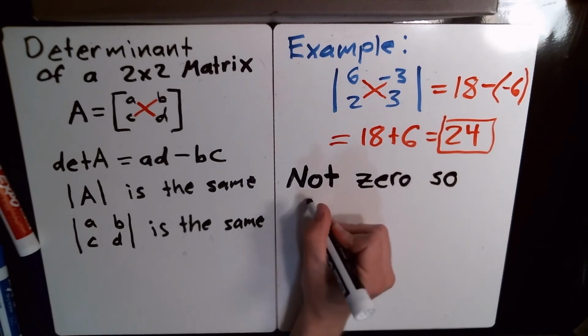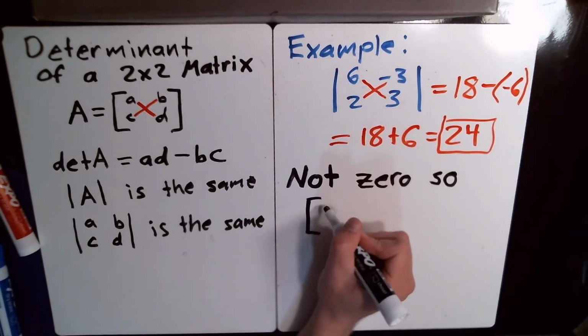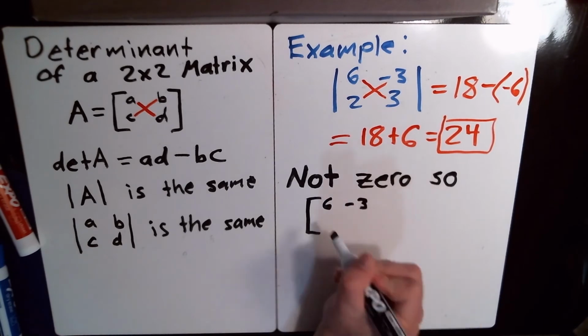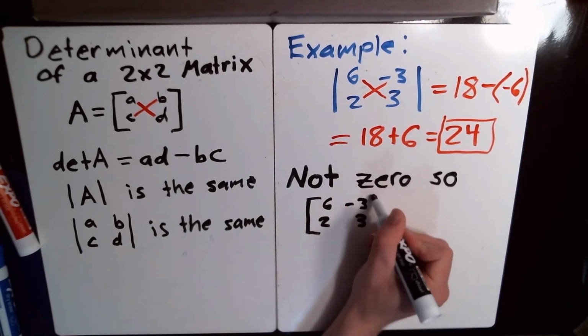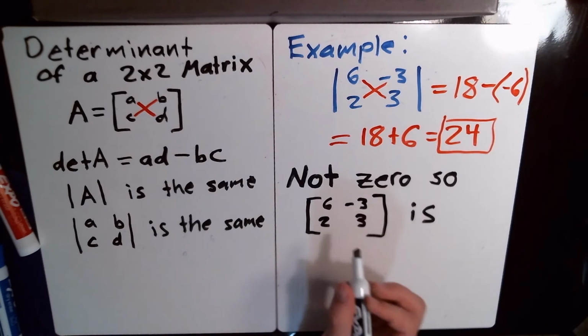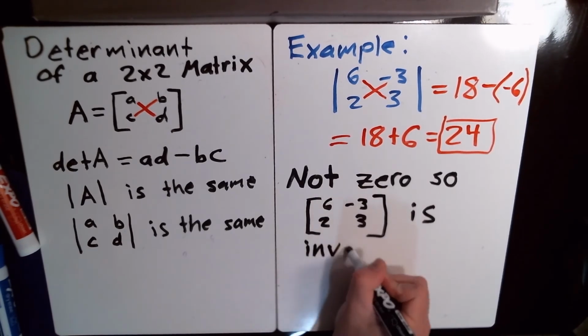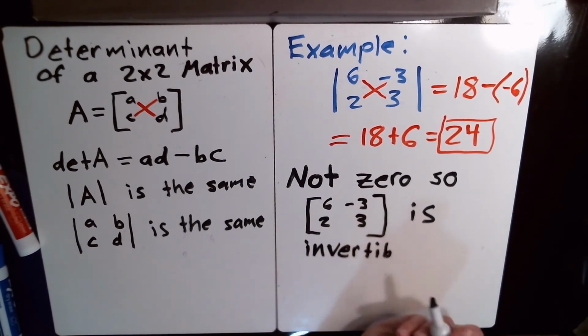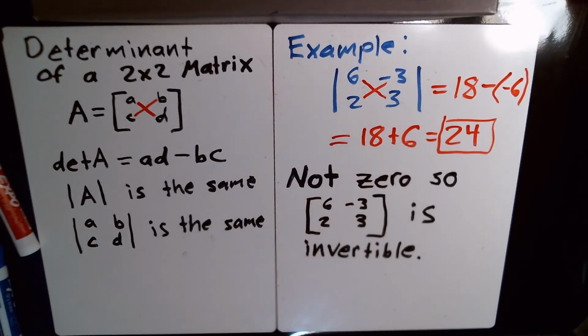So the matrix, now with the bars in it, 6, -3, 2, 3, is invertible, meaning it has an inverse. We could find that inverse if we wanted to, but essentially, just knowing the determinant is not 0 tells you when it's going to be invertible or not.